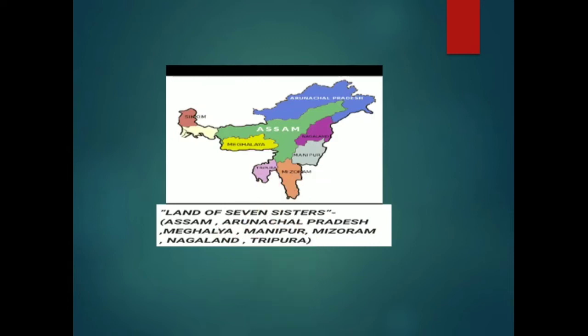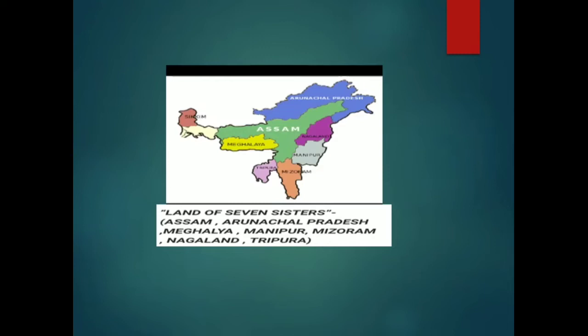These 7 northeastern states are called the 7 sisters, and there is one brother also for these 7 sisters. Who is that, do you know children? That is Sikkim. Yes, Sikkim is known as the brother of all these 7 sisters. Together these states are called the land of 7 sisters.